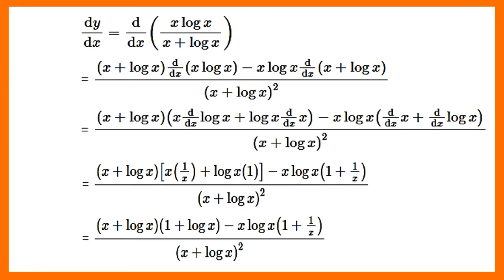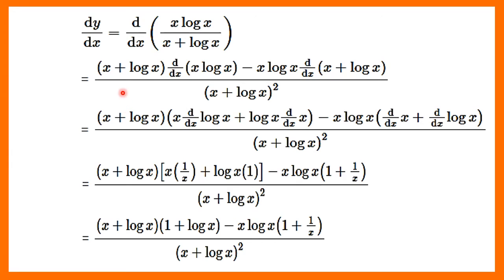As the given function is in the quotient form, we have to apply the quotient rule of differentiation, that is, it is of the form u upon v. So the derivative is v into derivative of u, that is denominator function into derivative of numerator function, minus numerator function or u into derivative of denominator function or v, divided by denominator function the whole square or v square.